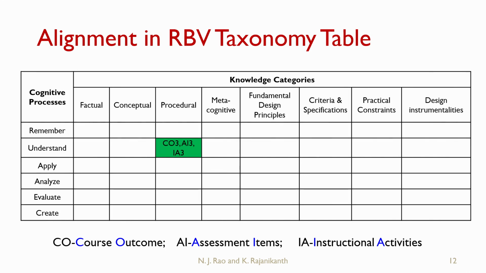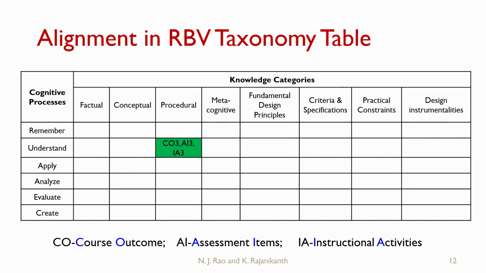Now, CO3 is located there, and AI3 and IA3. AI is assessment items or instruments, IA3 is instructional activity. When all the three are located in the same cell, we call it complete alignment.